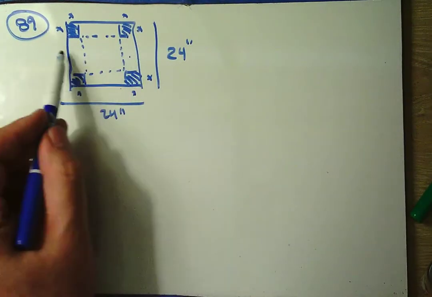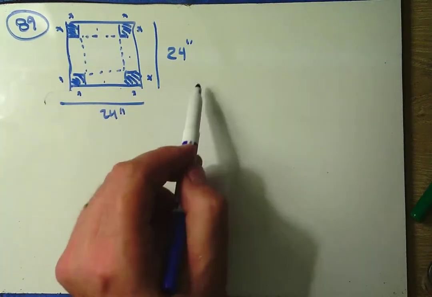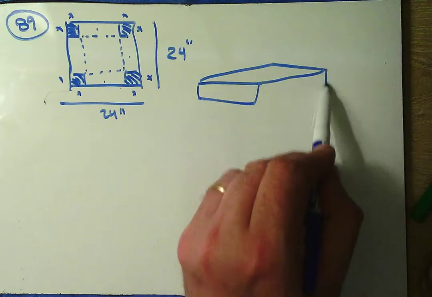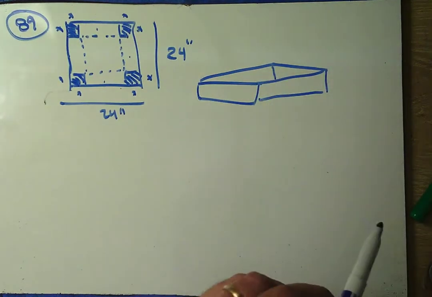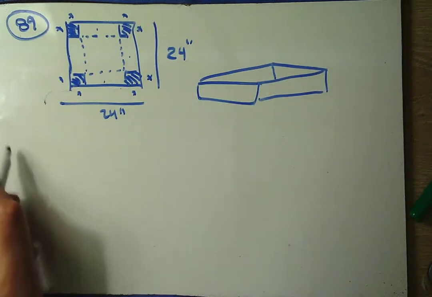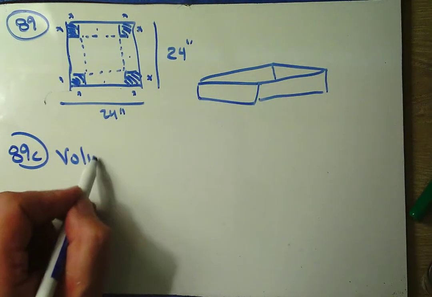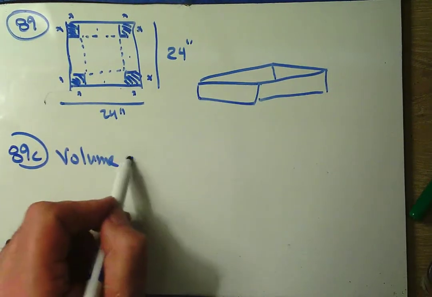When we fold up these flaps, it's going to make an open-topped box. So, what are the dimensions of this open-topped box? In 89C, we're asked to find the volume of this box.